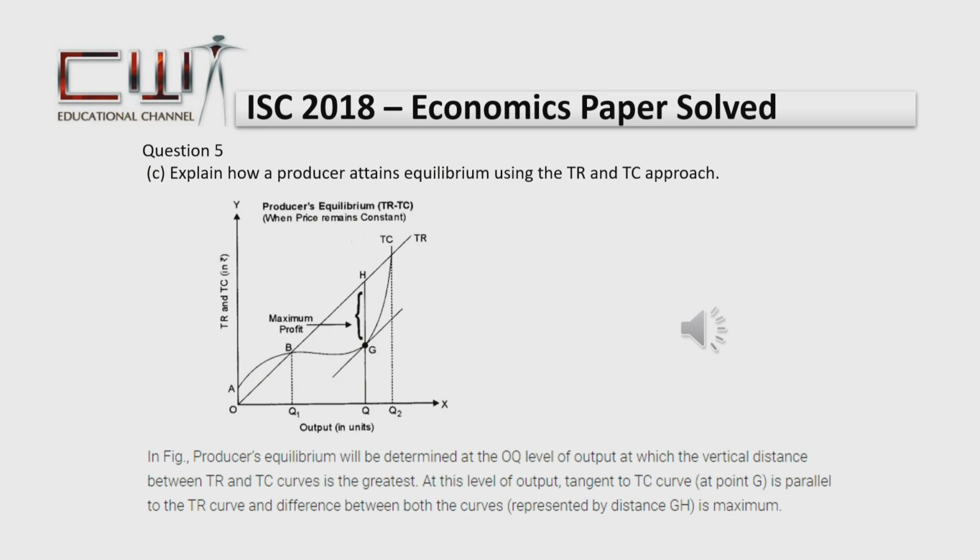So at this level of output, the tangent to TC curve at point G is parallel to the TR curve, and the difference between both the curves, which is represented by G and H, is the maximum. So this is at quantity Q, that is the level of producer's equilibrium.